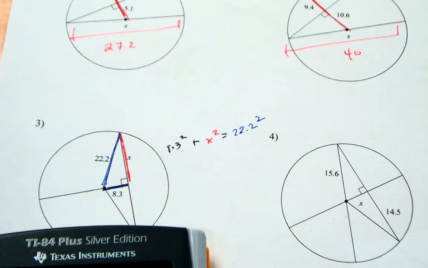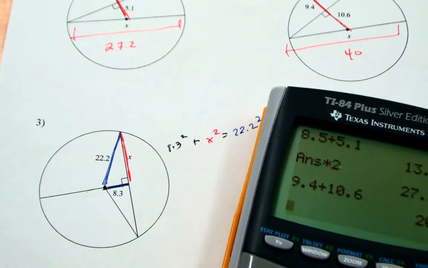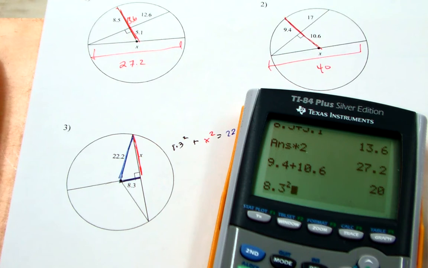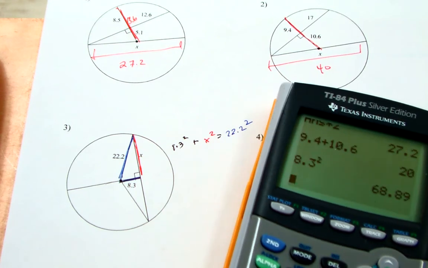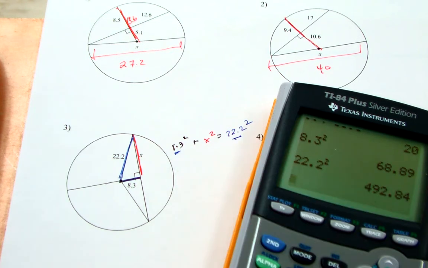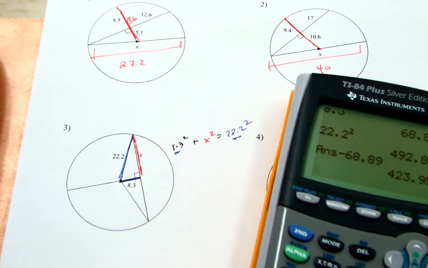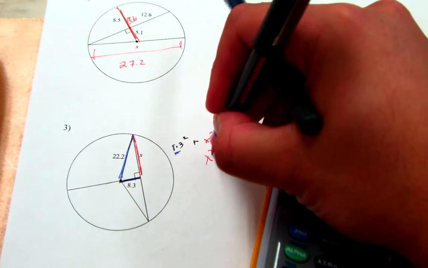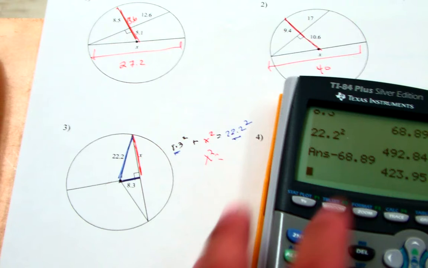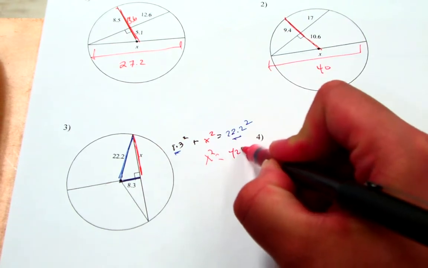So with a little bit of calculation, we can find the value of x. So bear with me a moment. I'm going to zoom out a bit. We have 8.3 squared, which is that number, 22.2 squared, which is that number. I'm going to subtract this from this, so minus this quantity. So that means that x squared is 423.95, which means we're one step away from finding just x.